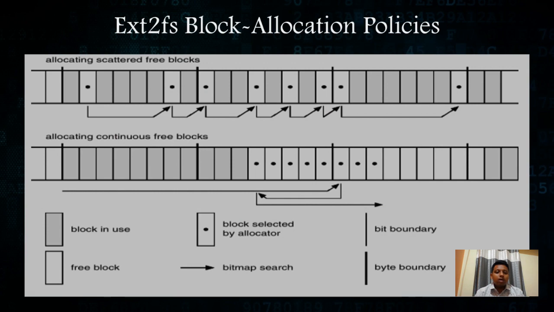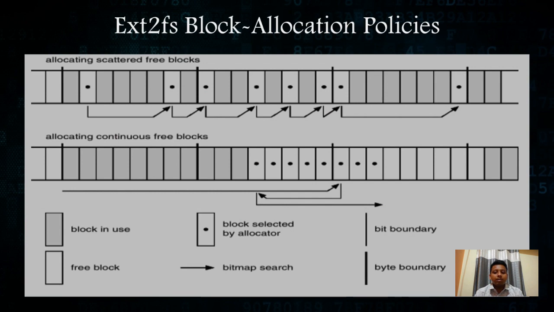As you can see, the darker blocks are used and the lighter blocks are free. The dotted blocks are blocks that are allocated and selected. The arrow mark shows the bitmap search, and the lighter line is the bit boundary and the darker line is the block boundary.